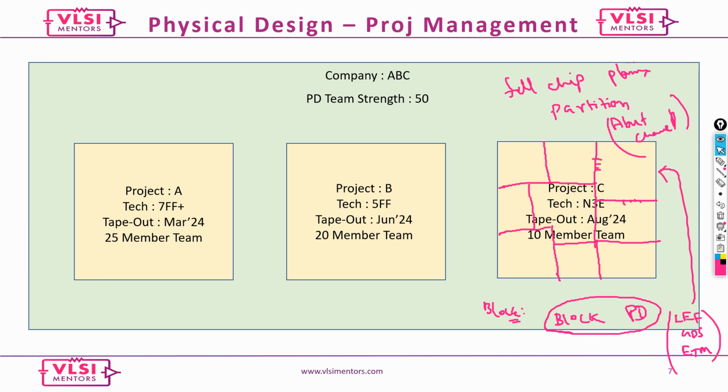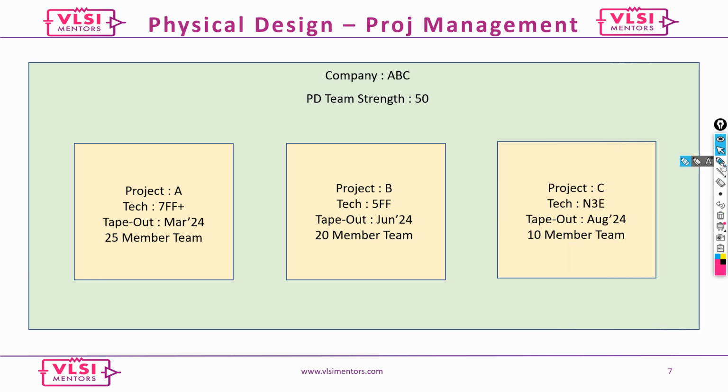Okay, so which inputs we get from DFT, sir. From the DFT team we get a lot of input. One is scan DEF, and basically the scan inserted netlist. Scan inserted netlist is the first input that you might get, and then you get scan DEF. Because there is something called scan chain reordering that we do in the placement stage, without scan DEF we won't be able to do it.